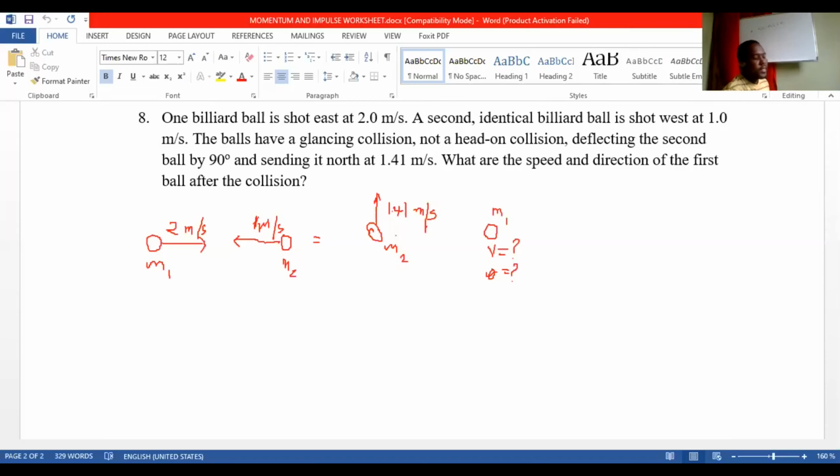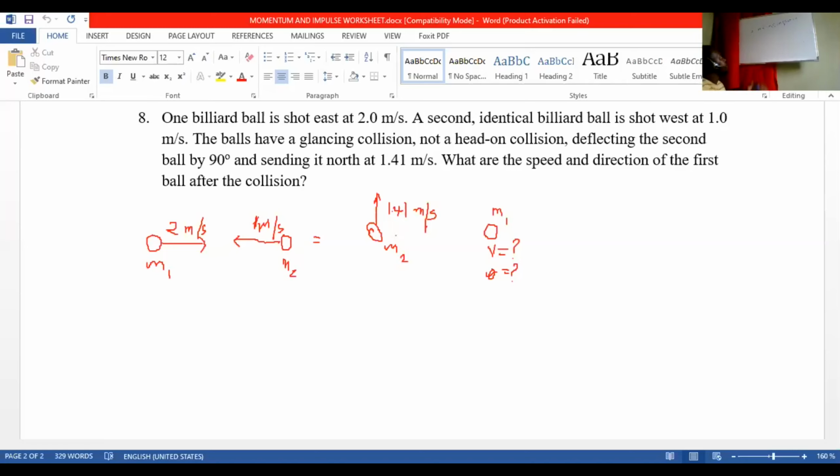Equals. We notice that M1 is going at an angle, so for the x component it is cos theta, so it's M1 V1F cos theta, right? And then M2 is going vertical, so there is no horizontal component, so that is 0.